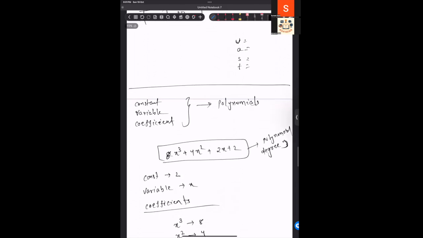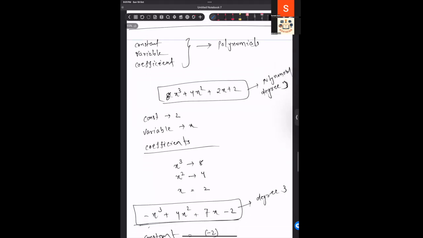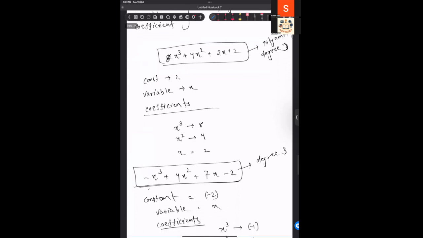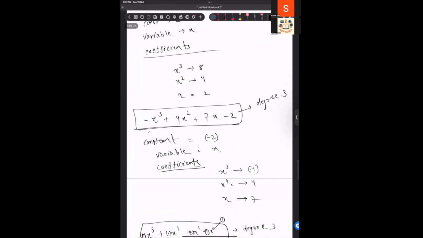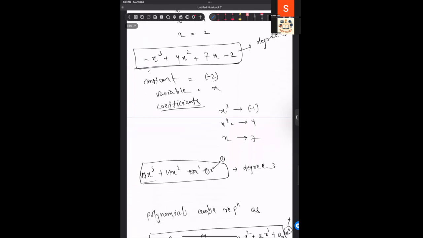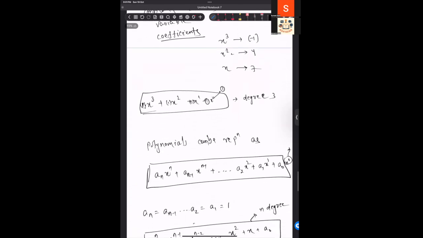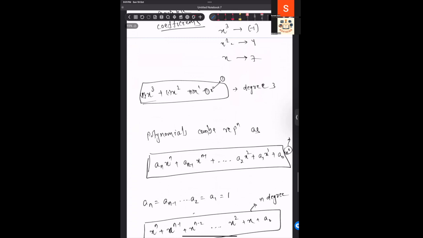Based on that understanding, we tried to figure out the various components of a polynomial: a constant, a variable, and a coefficient. We tried to understand the degree of the polynomial, what is meant by the degree of a polynomial. Then we understood how polynomials are represented.